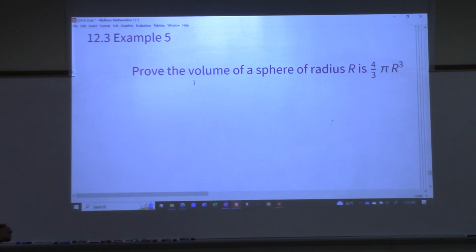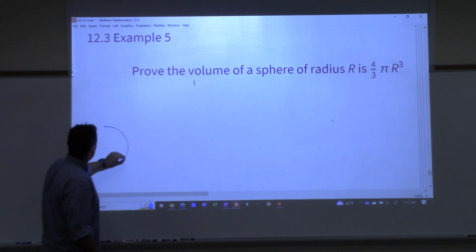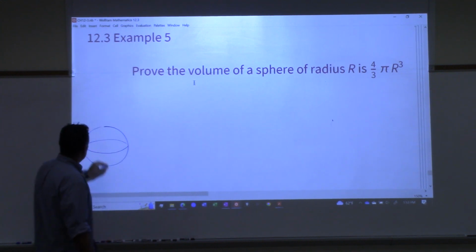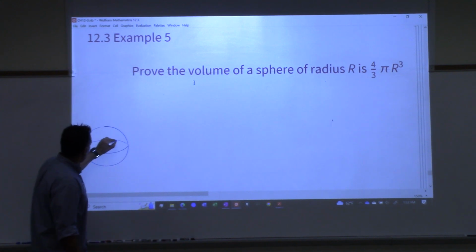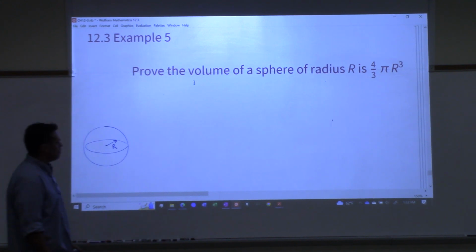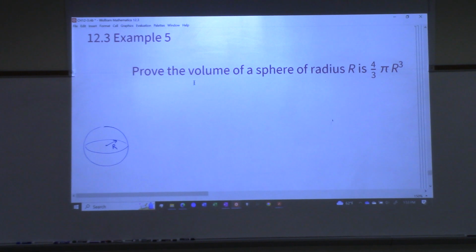I think the easiest way is to just start with a sphere. Okay, let's start with a sphere of radius capital R. I want to prove that that has a volume of 4/3 pi r cubed. So how about this? I like this attack here.